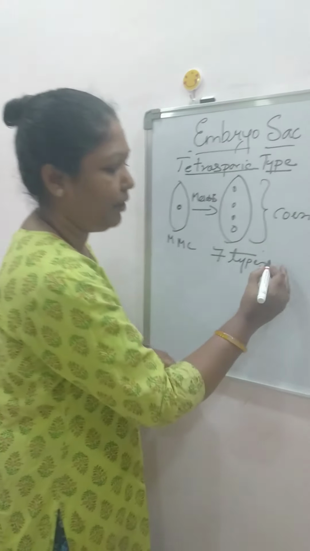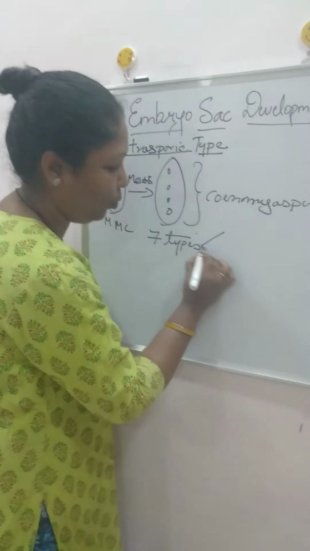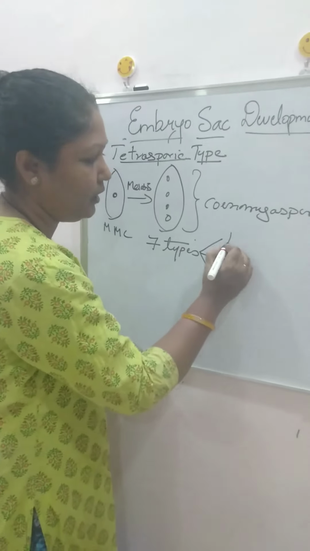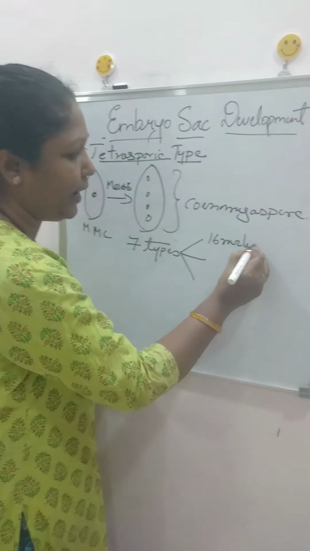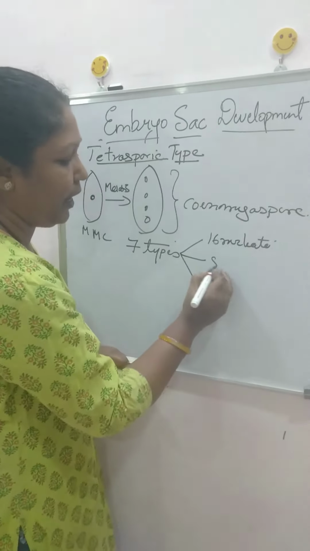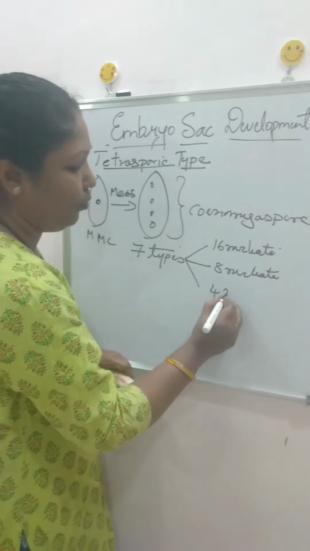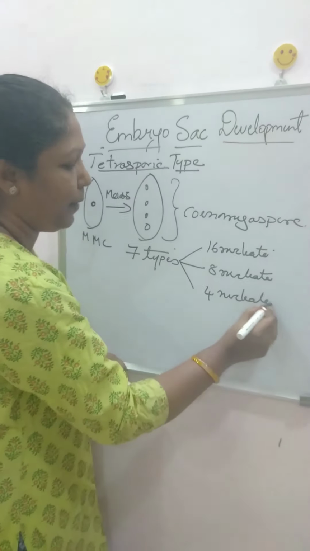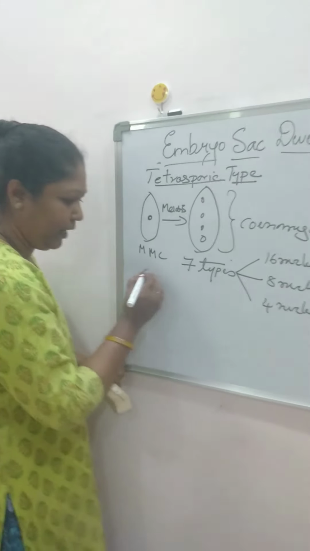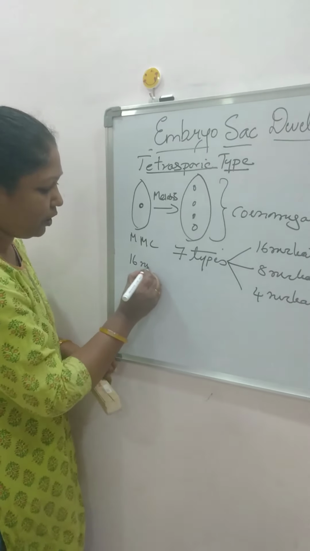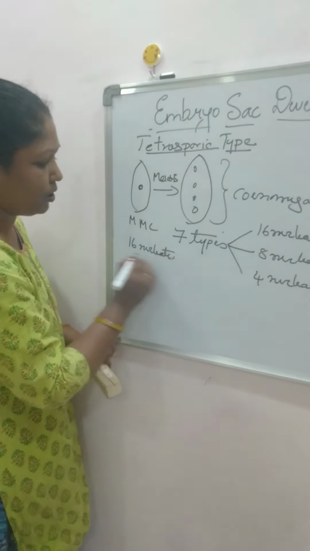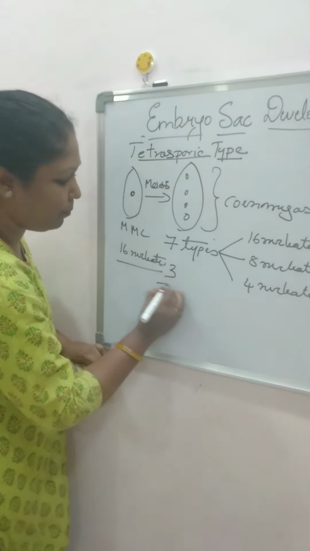These 7 different types are divided into 3 more categories: 16 nucleate embryo sac, 8 nucleate embryo sac, and 4 nucleate embryo sac. Now let me write. Under 16 nucleate embryo sac, we come across 3 more types.